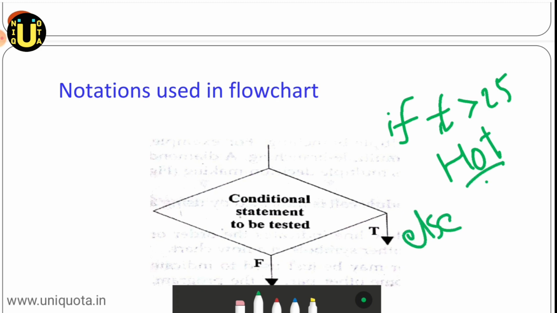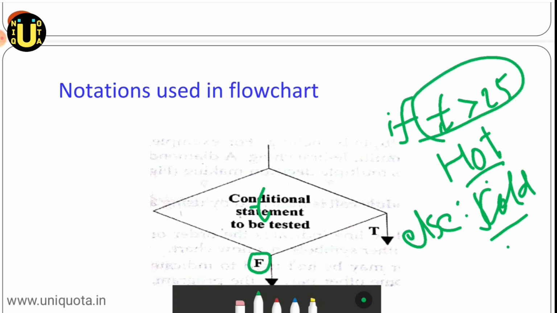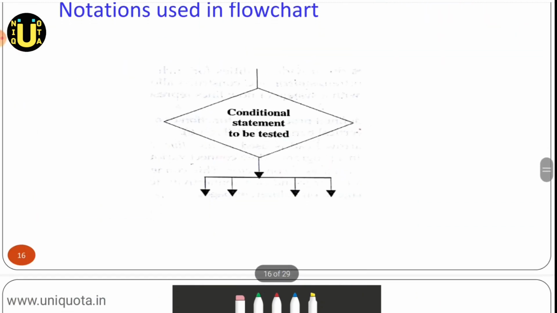Else, tell them that it's cold. So here temperature will be checked in this condition. If it's false, it will say cold. If it's true, T is greater than 25, here he can continue like that. This is the notation used for conditional statement.